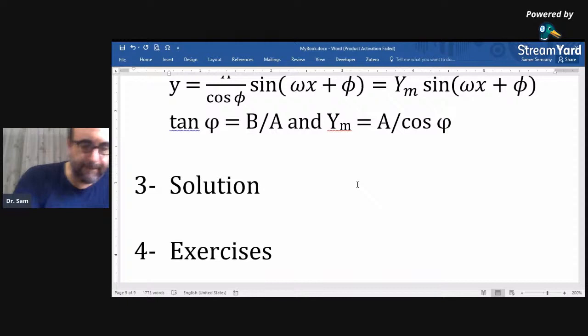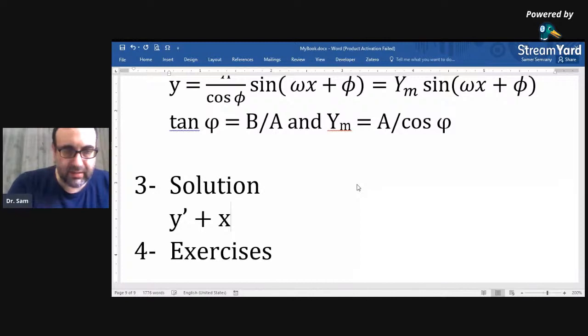This is the form y prime plus, for example, a y equals 0.